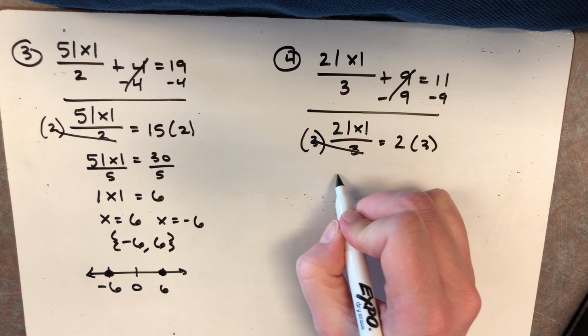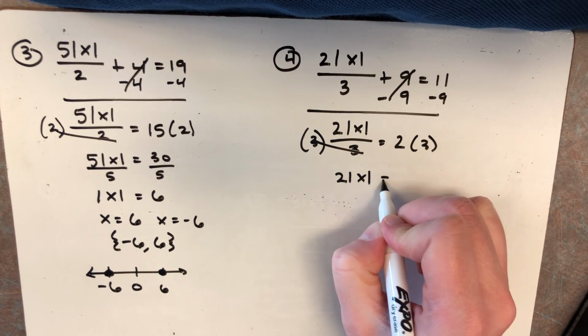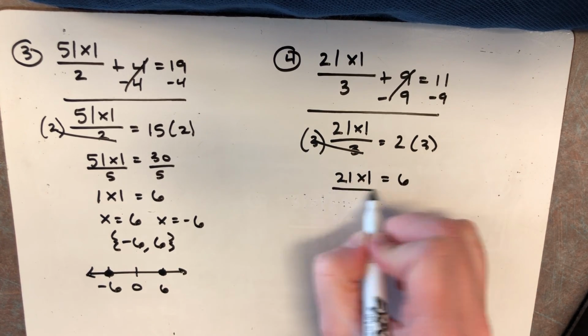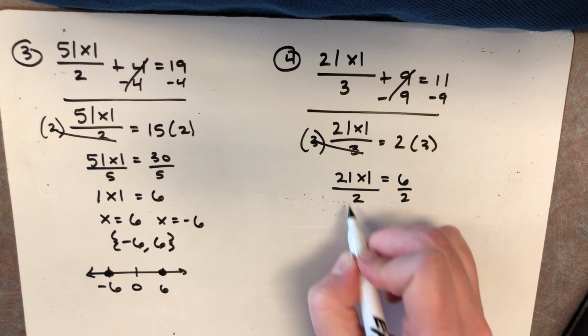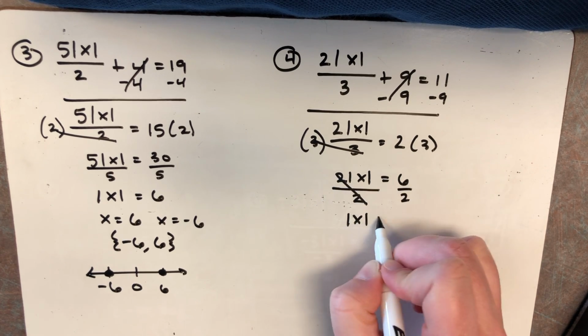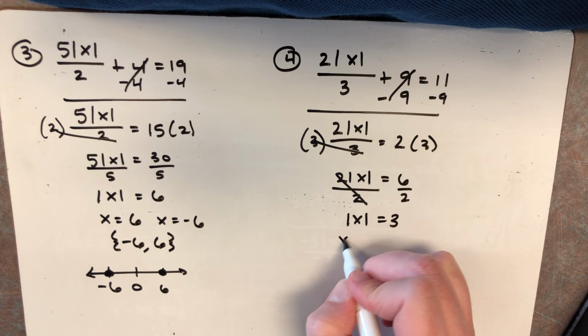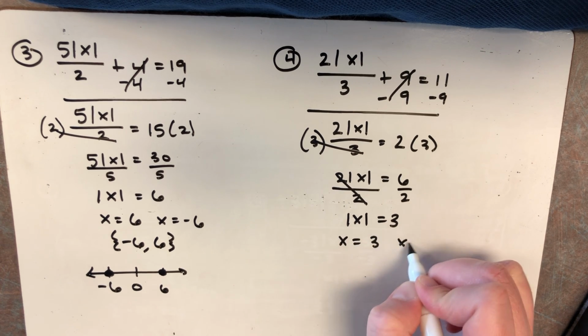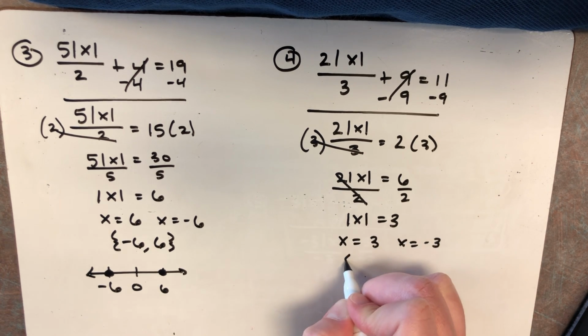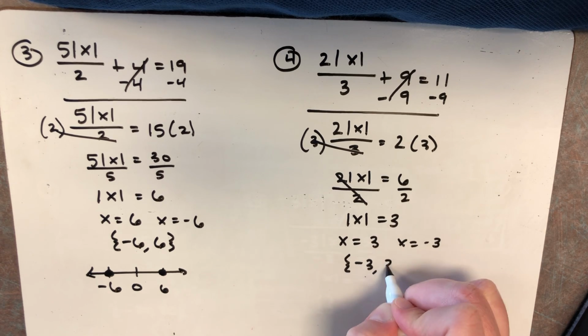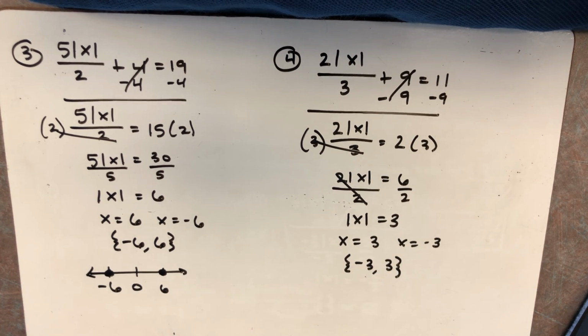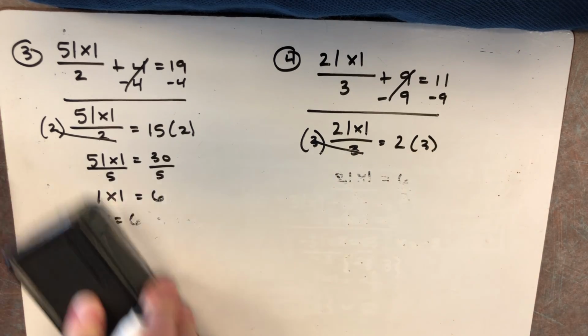This cancels. 2 times the absolute value of x equals 6. Divide both sides by 2 to get the absolute value of x all by itself. And so x can be 3 and x can be -3. So -3 first, followed by 3. And there we go.